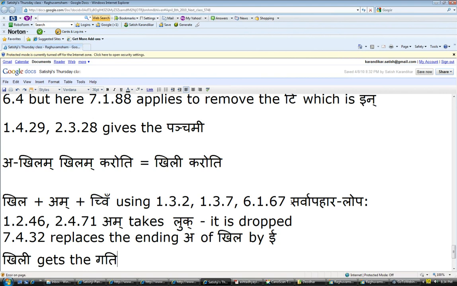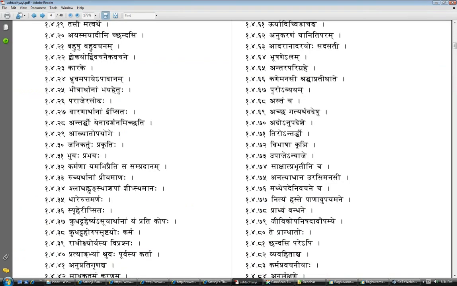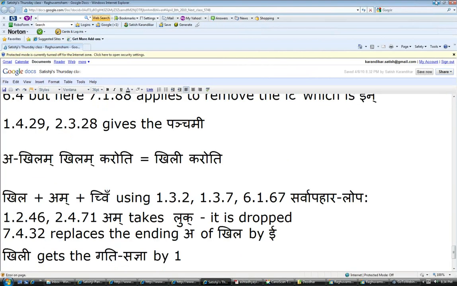So the gati sanya comes by 1461, and then by 1480 these gati sanyakas have to be used before the verb.